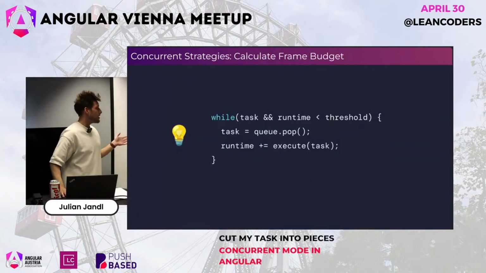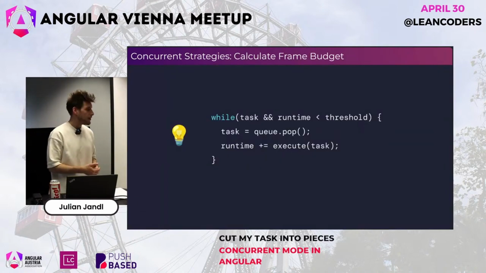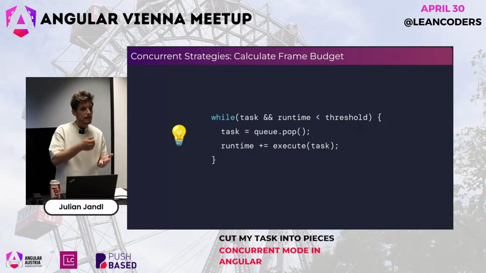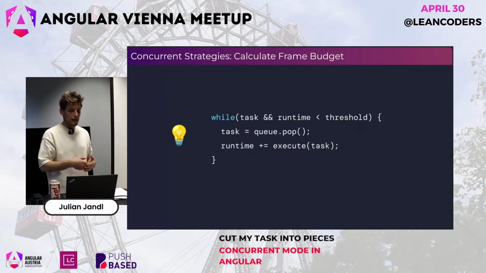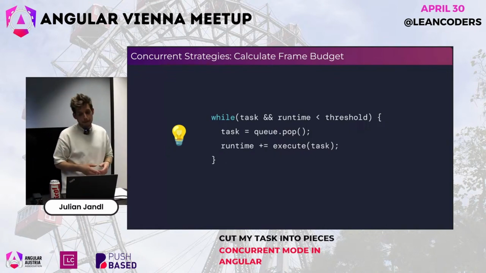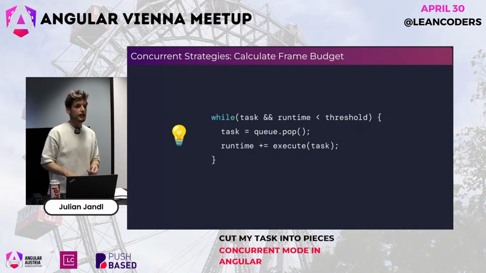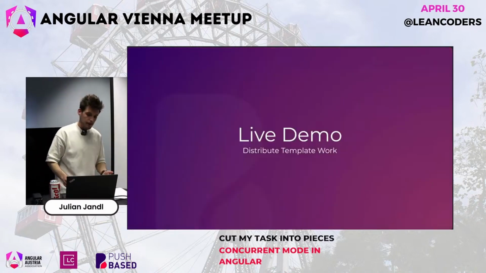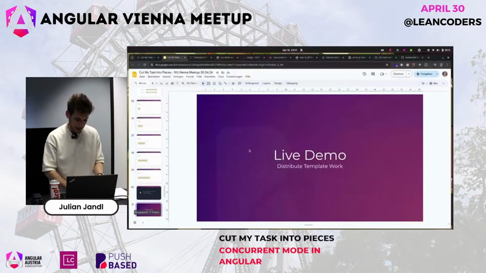This is how the implementation looks in a very simple way in the background. Whenever you have a task, and while the runtime is still lower than the threshold defined by the frame budget, give me the next task, execute it, add the time it took on top of the runtime, and then repeat. So let's take a look at how this looks.